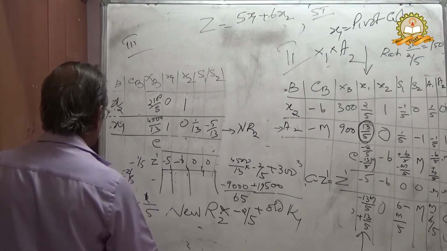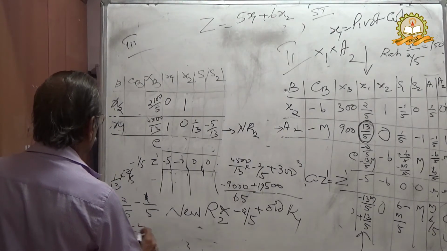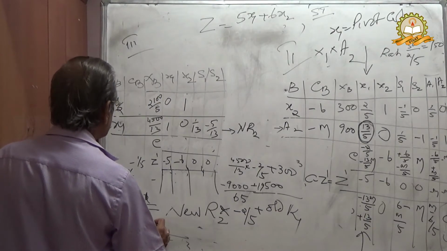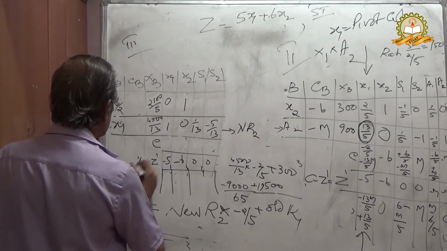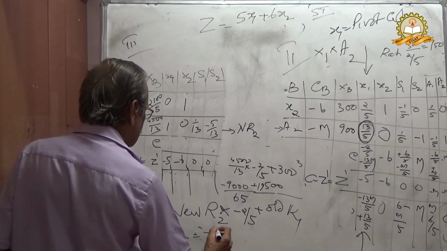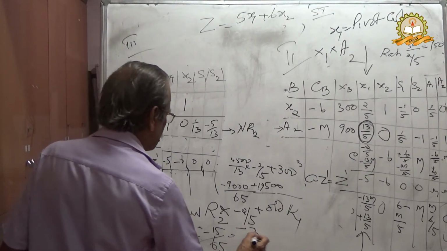Therefore, 65 is the LCM, minus 2 minus 13, minus 15 by 65, minus 3 by 13.